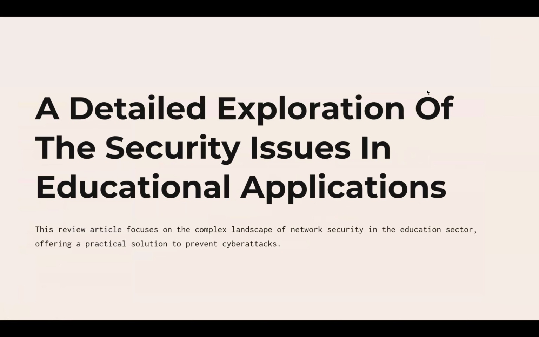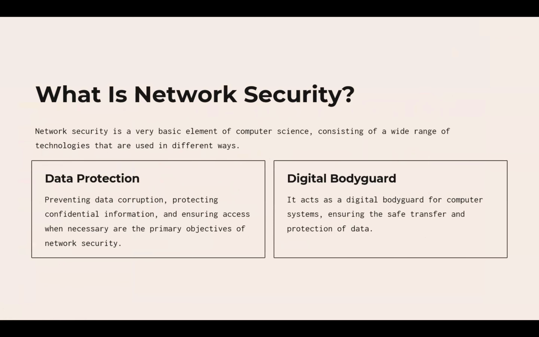So, hello everyone. I'm Rushin Bhatt. I'm currently in my fourth year at PDEU in Gandhinagar, and I'm studying computer science. Our review article focuses on the security measures and issues specifically in the education sector. First, let's understand what exactly network security is.